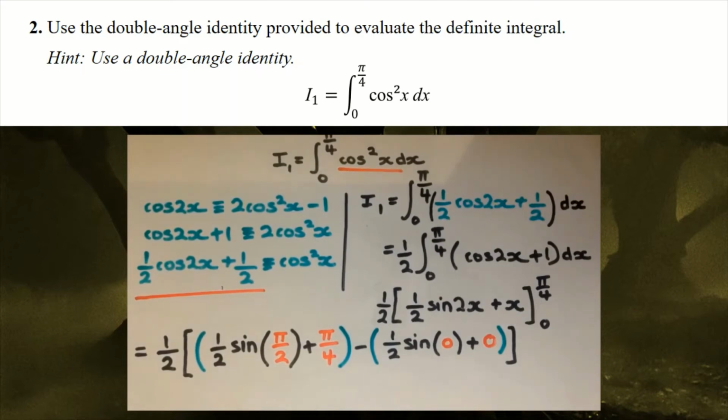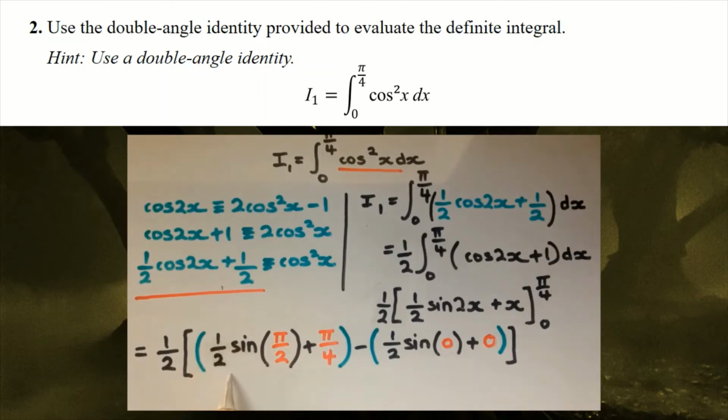Now I'm just conscious of space here, so let's just argue away some of this content. In the lower limit, I've got 1/2 multiplying sine of 0. Sine of 0 is obviously 0 plus 0. This term is just going to become 0. Nothing to worry about there. Over here, we have sine of pi over 2. Remember, sine pi over 2 is 1.